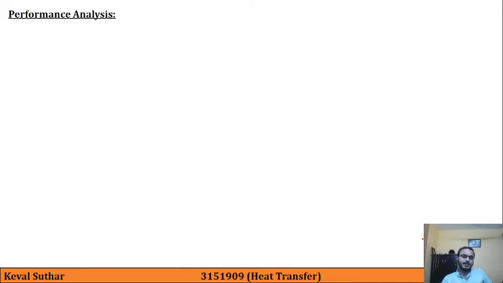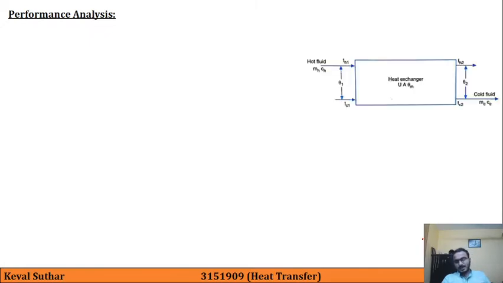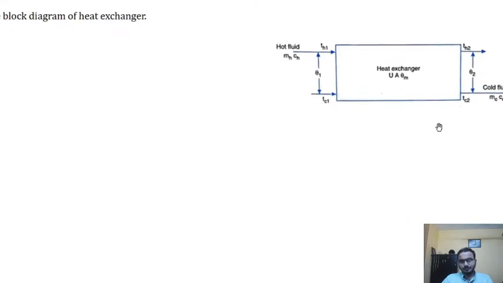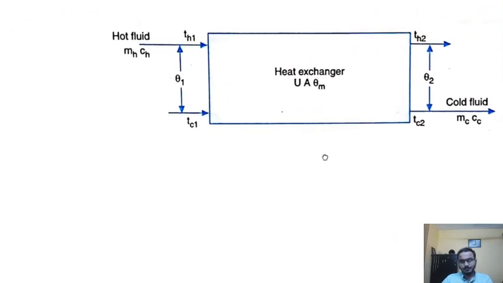Now our next theory, which is very important, is performance analysis. The figure represents the block diagram for a heat exchanger. So here there are two fluids as usual. First is the hot fluid, which is entering.